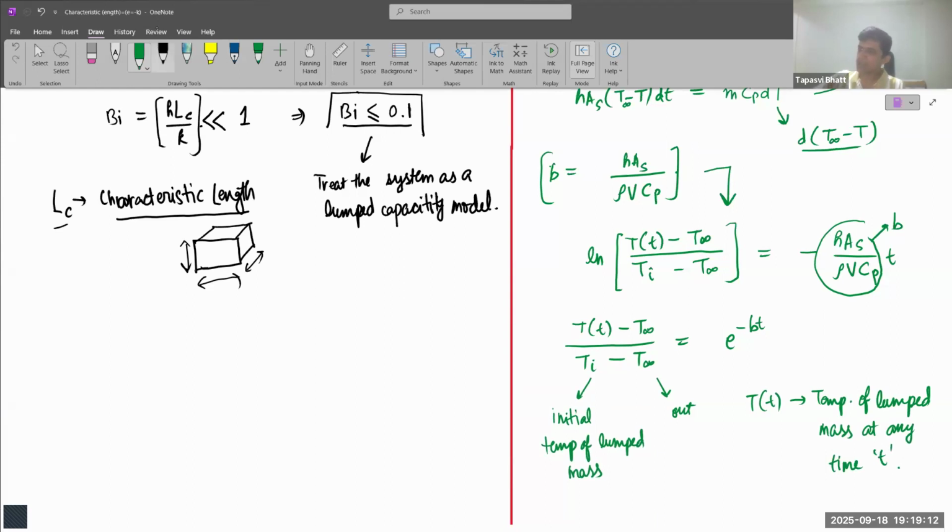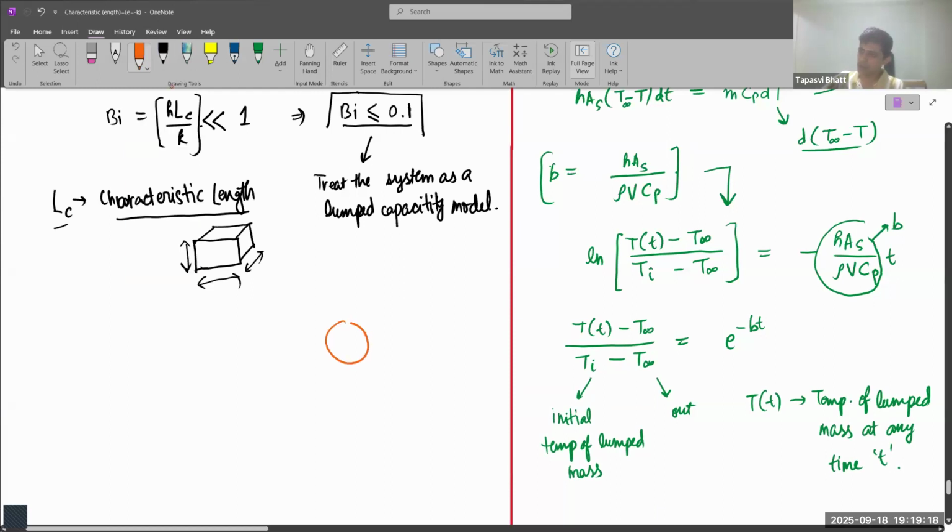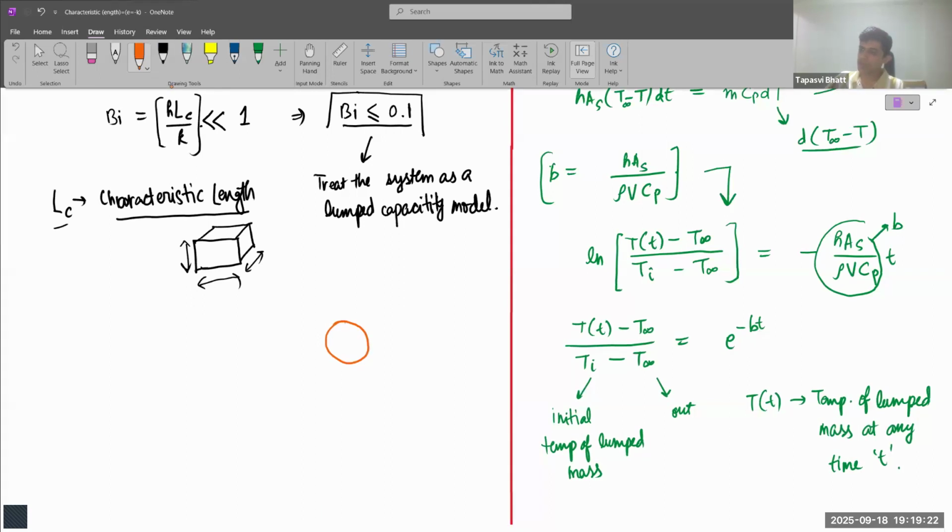Let's take an example and it's going to be a little more clear. If we have a ball, and let's say it is at the temperature of 100 degrees Celsius and the outside temperature is say 20 degrees Celsius, in that case this ball is going to lose heat.